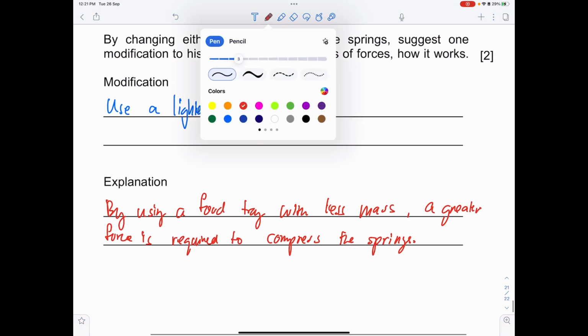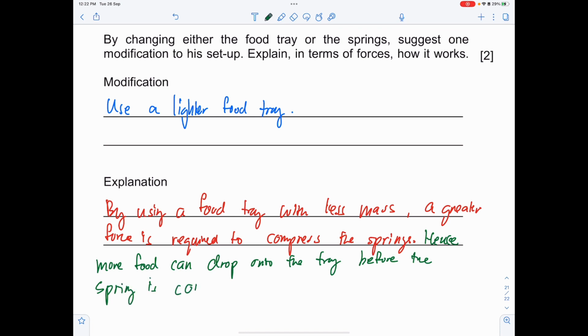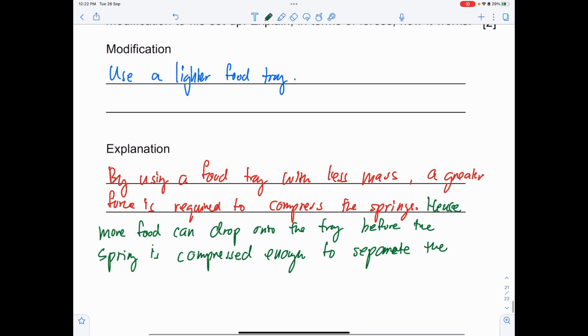So what this means is that hence more food can drop onto the tray before the spring is compressed enough or shortened enough to separate the copper contact from the circuit.